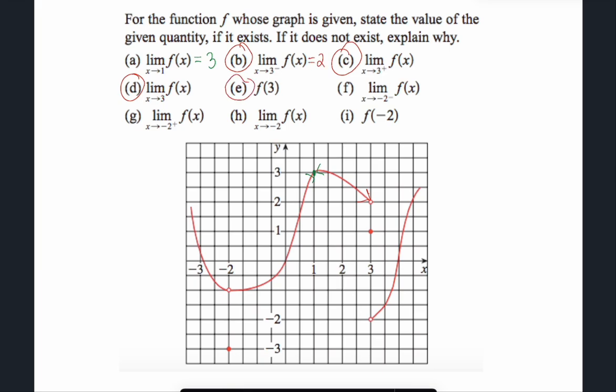If we come in from the right, we are heading to a height of -2. So that means that the limit doesn't exist at 3, but f of 3 is colored in at the point or height of 1. So do you see how all of that ended up working out? Okay, does that make sense? Okay.